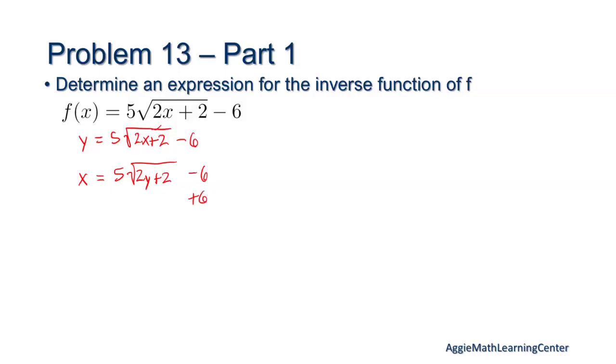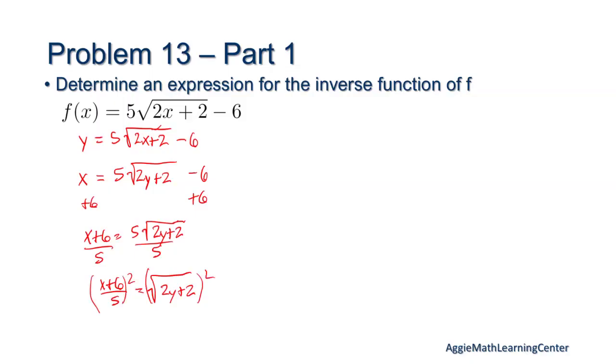So we can add 6 to both sides. So we know x plus 6 is equal to 5 square root of 2y plus 2. Divide both sides by 5. So we have (x plus 6) over 5 equals the square root of 2y plus 2. We can square both sides.